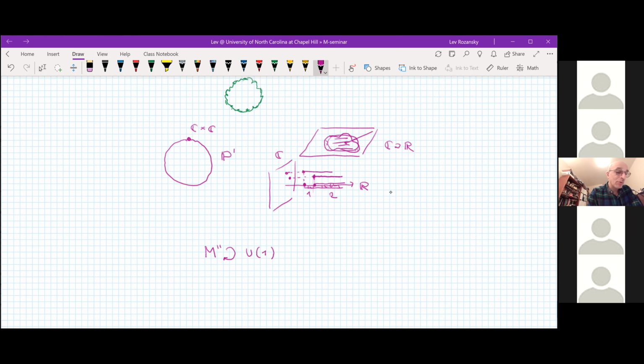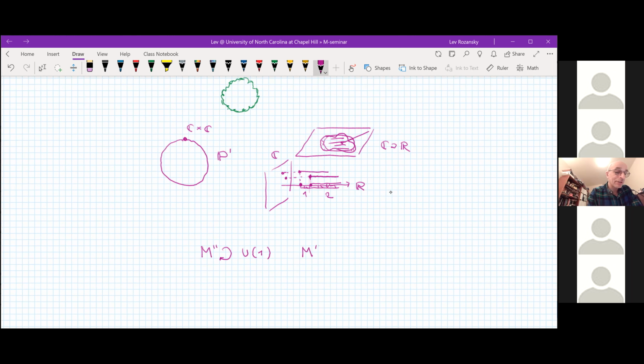And we take the quotient of M11 by this U1, which will give us M10, maybe with singularities. So we assume that all the radii are small. So we get an effective theory, which is now 10-dimensional space-time. And that will be a superstring theory of type 2A.